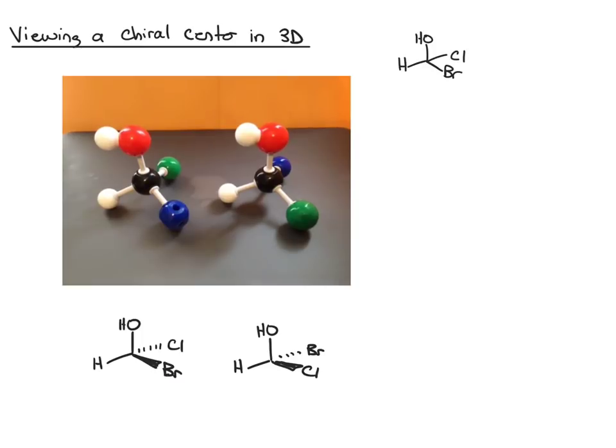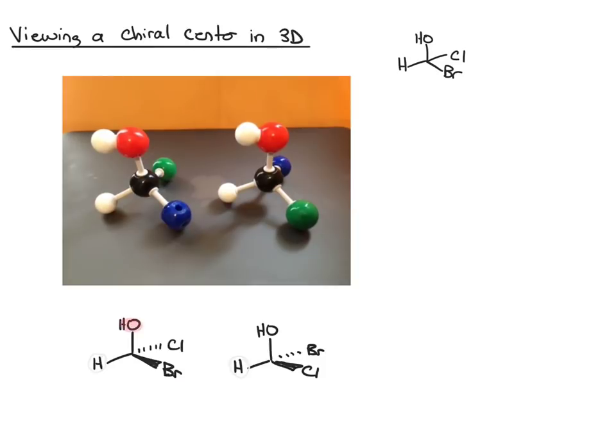As you progress learning stereochemistry, I want you to get comfortable working with molecular models. So here I have the two stereoisomers from the previous slide drawn in, and then I have molecular models of each of these built. And what I want you to see is, we have a white sphere, that's the hydrogen. So we have the hydrogen in each one. And then we have the OH group, that's the red sphere.